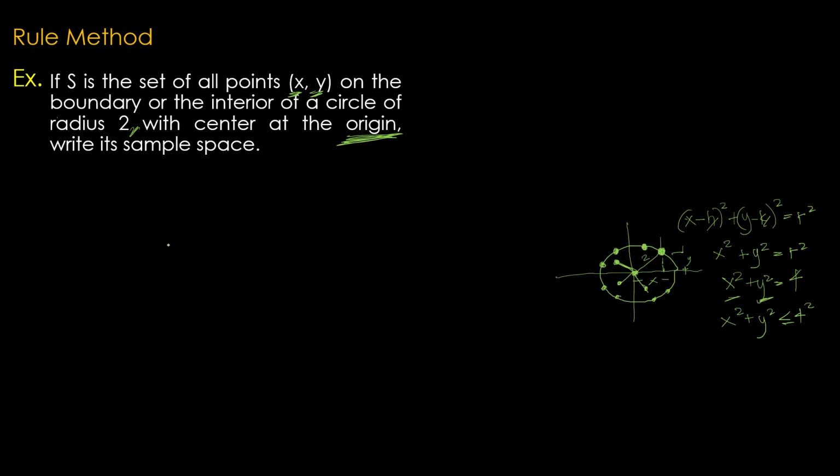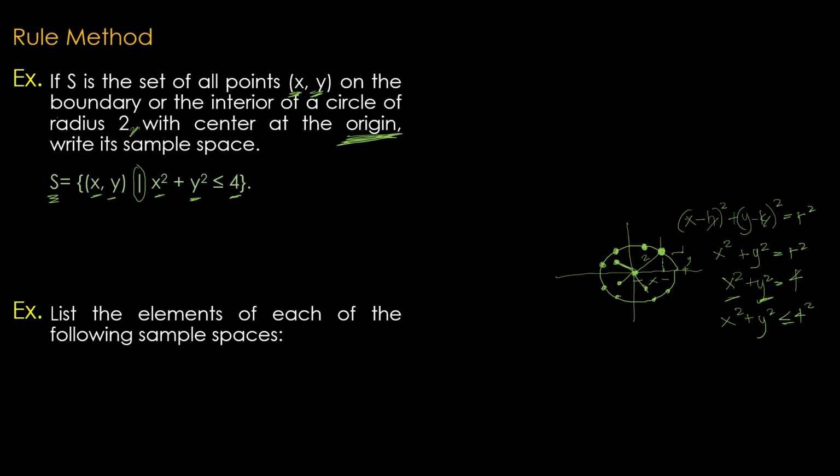So you are to use the rule method. Your sample space is equal to the set of all x and y such that x squared plus y squared is less than or equal to 4. Meaning, all the points that satisfy this equation are your sample points.